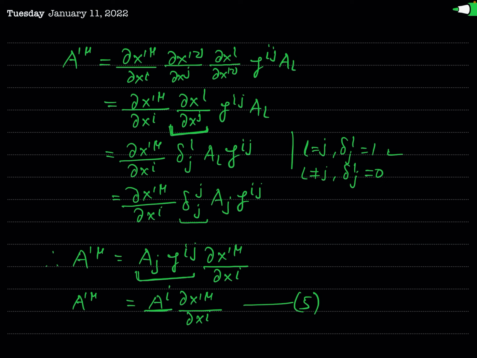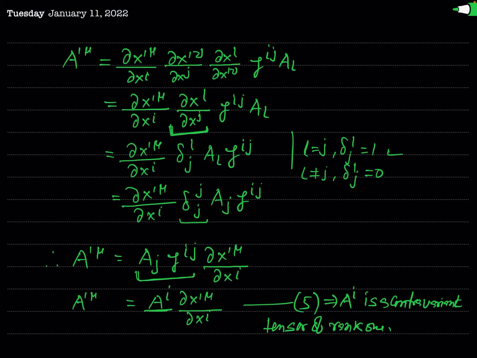So this equation implies A^i is a contravariant tensor of rank 1.